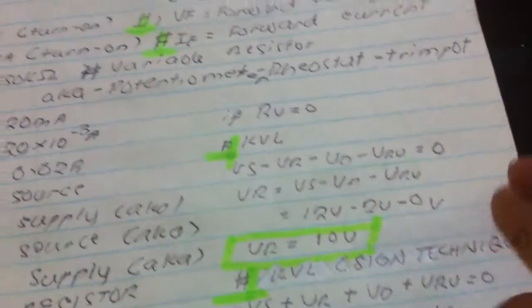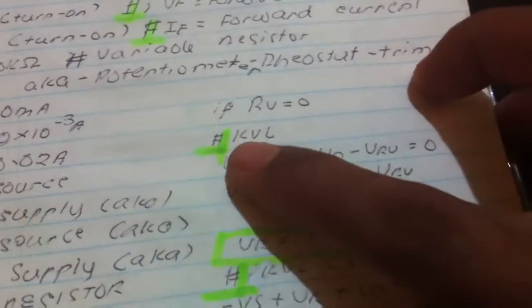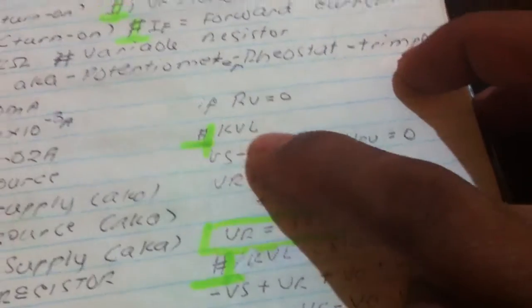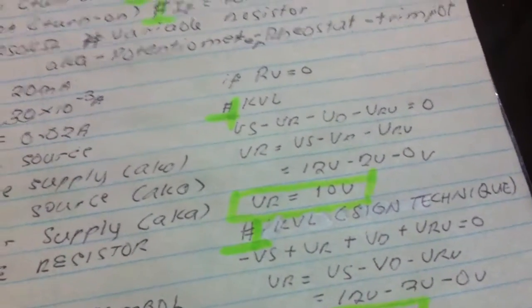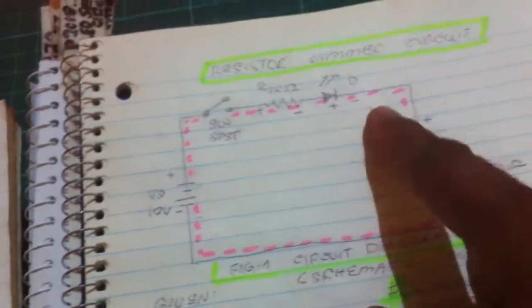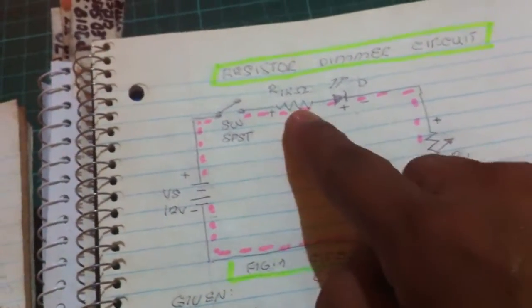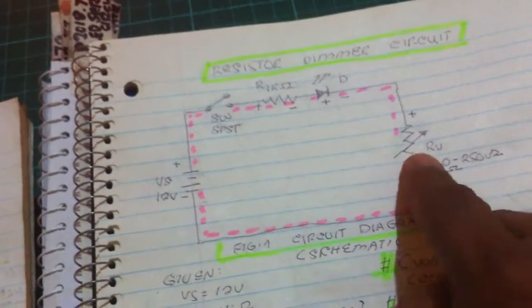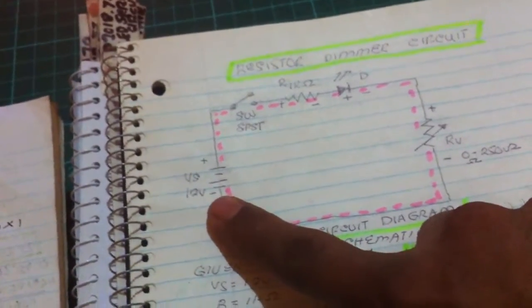So we are using a formula here, Kirchhoff's voltage law. We have here voltage supply minus the voltage drop of each load. So this is the load. This is a voltage supply here.